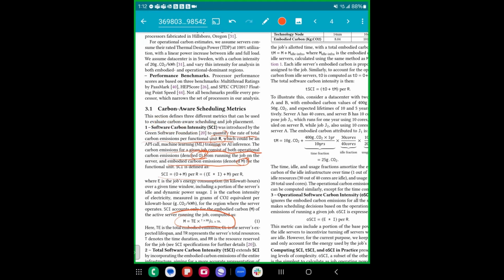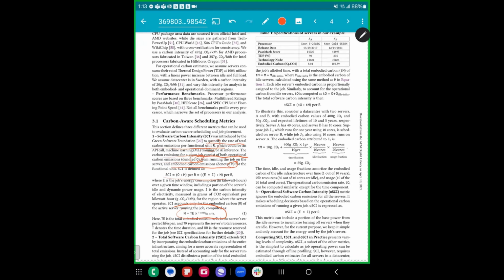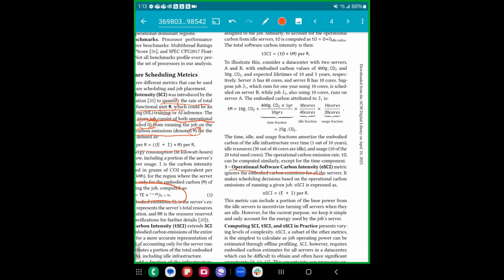So that's the big idea of this paper, the big argument. This SCI metric may not be the best, and what they say is, if you care about the carbon footprint, you should rather use just the operational part of the SCI. So they call it the operational software carbon intensity metric.